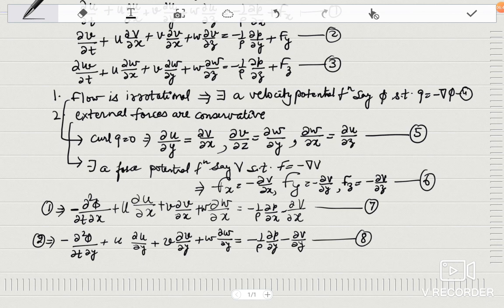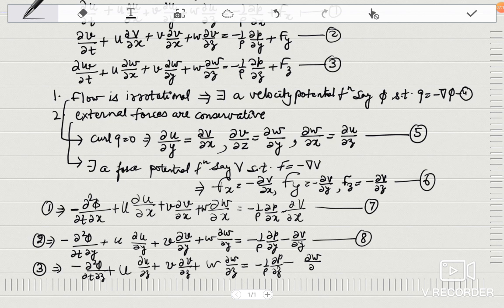This I got after substituting these relations 4, 5 and 6. Similarly, equation 3 will become minus ∂²phi/∂t∂z plus u ∂u/∂z plus v ∂v/∂z plus w ∂w/∂z, equal to minus 1 upon rho ∂p/∂z minus ∂V/∂z.